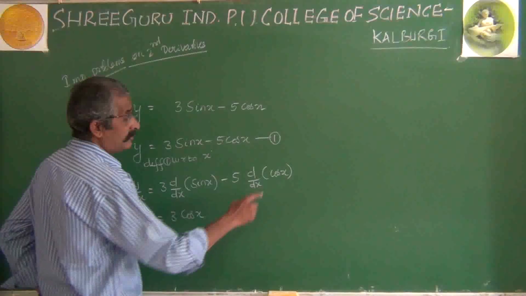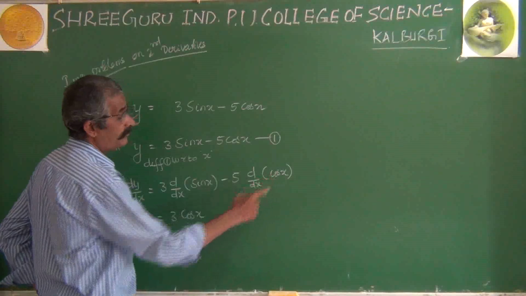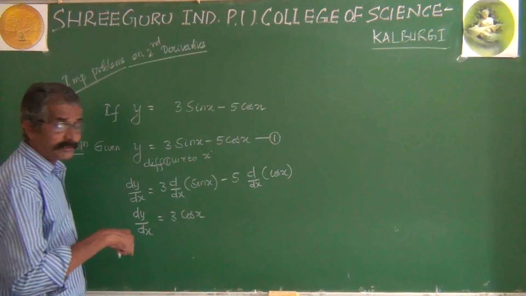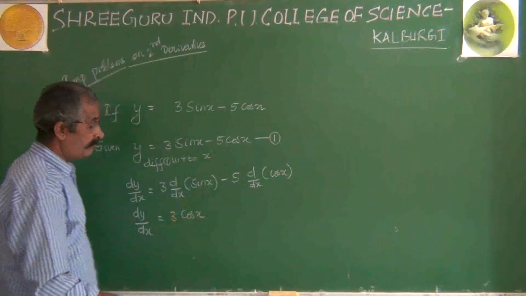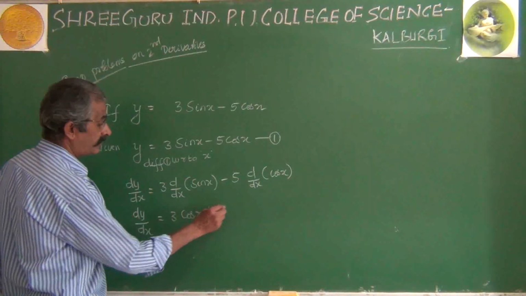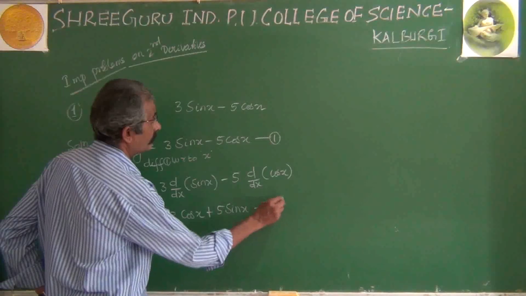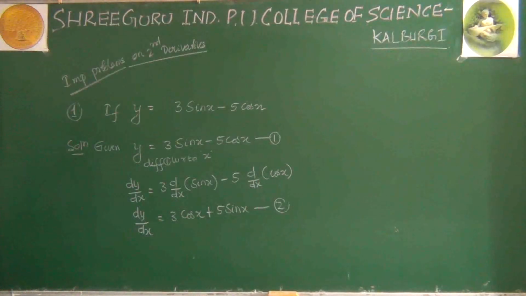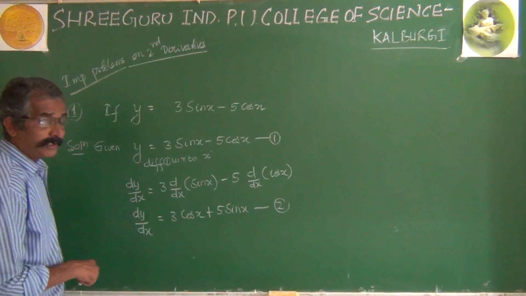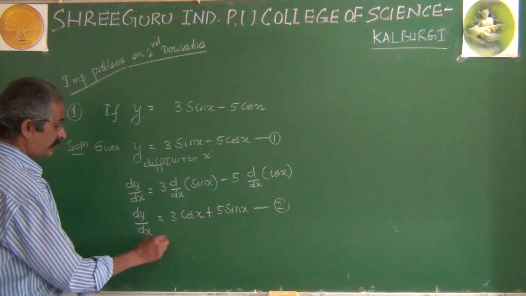Further, dy by dx equals 3 into the derivative of sin x, which is cos x, whereas the differentiation of cos x is minus sin x, so minus of minus will become plus 5 sin x. Call this 2. Next we have to differentiate 2 yet again with respect to x.